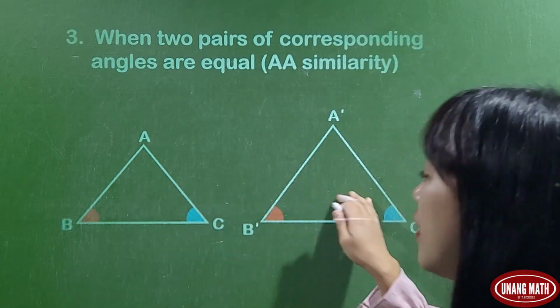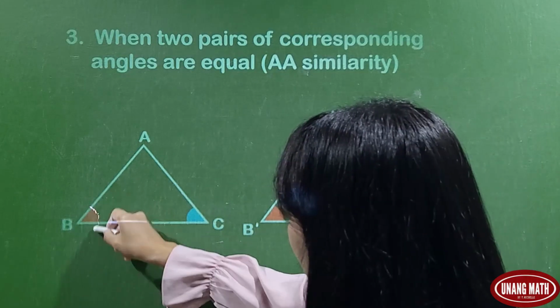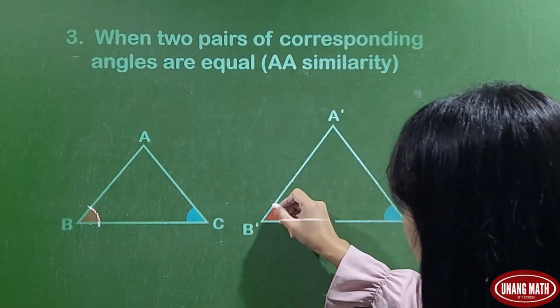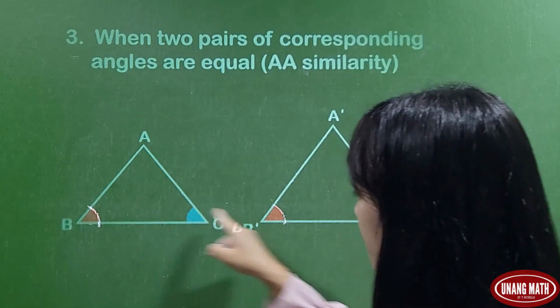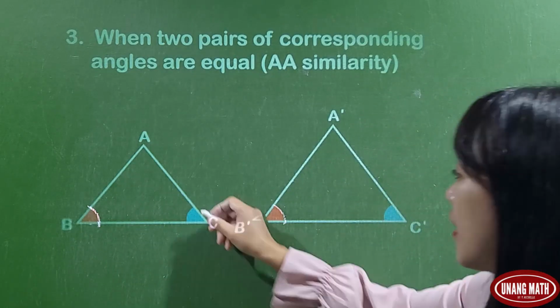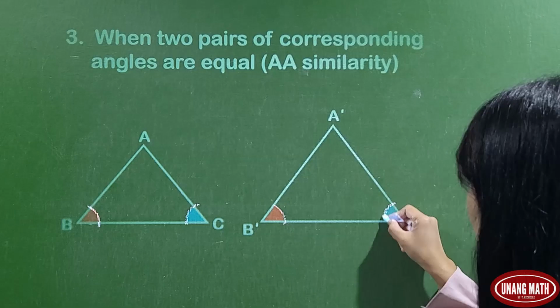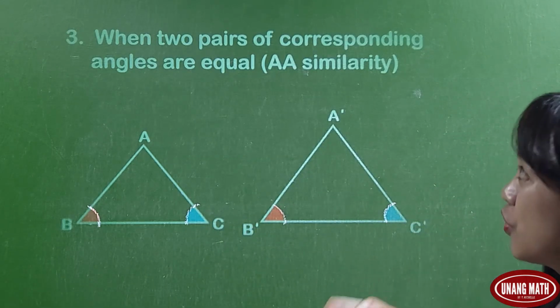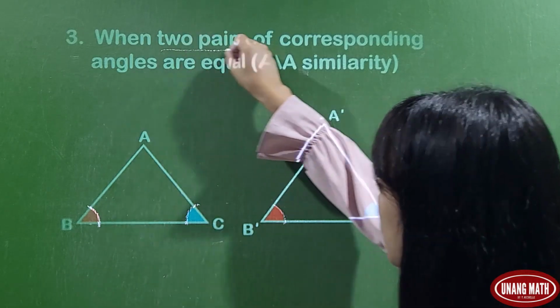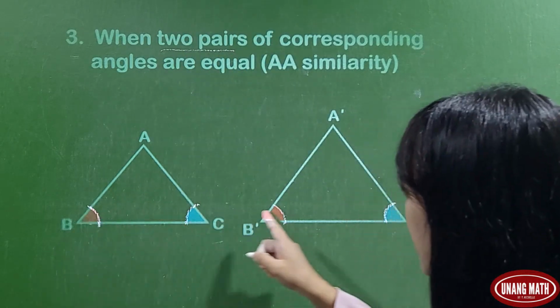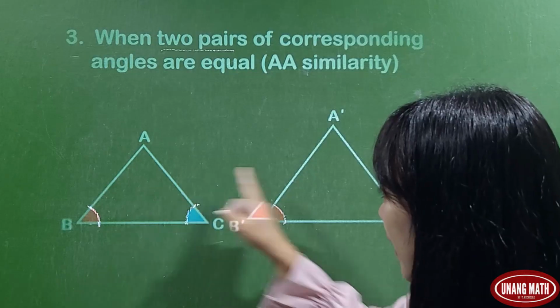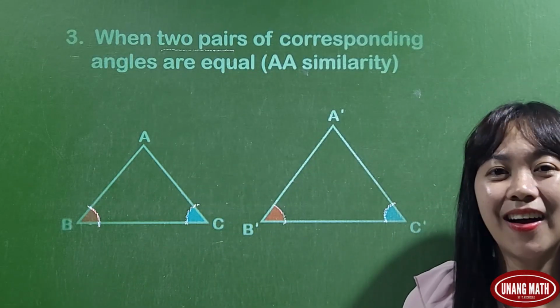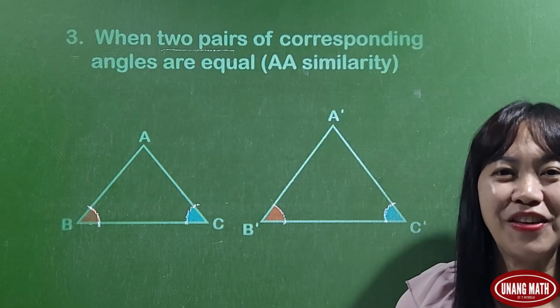So in these two triangles, this angle that corresponds to this angle are equal in measure. This angle that corresponds to this angle is also equal in measure. So we have two pairs of corresponding angles that are equal, then these two triangles are similar figures.